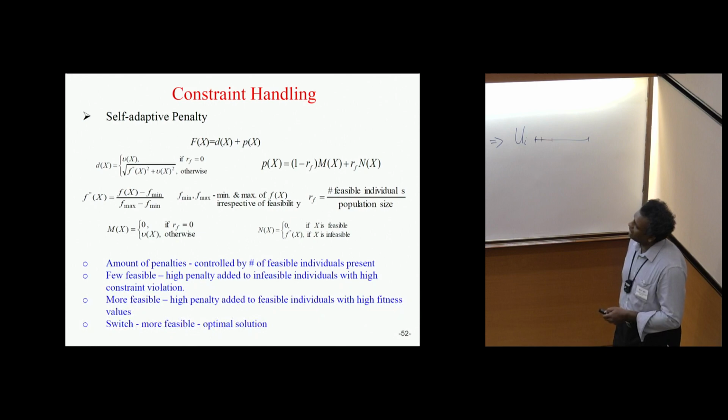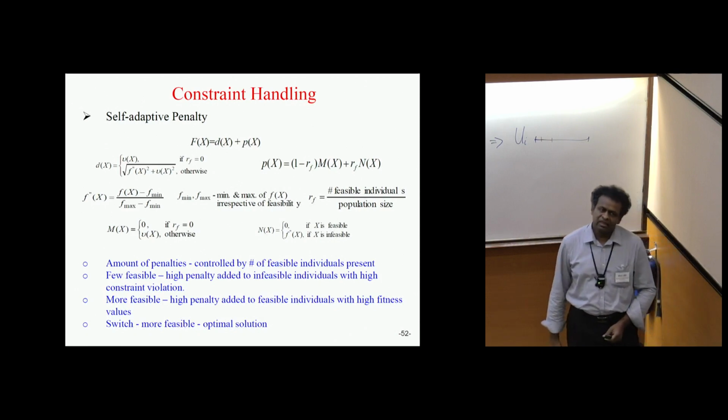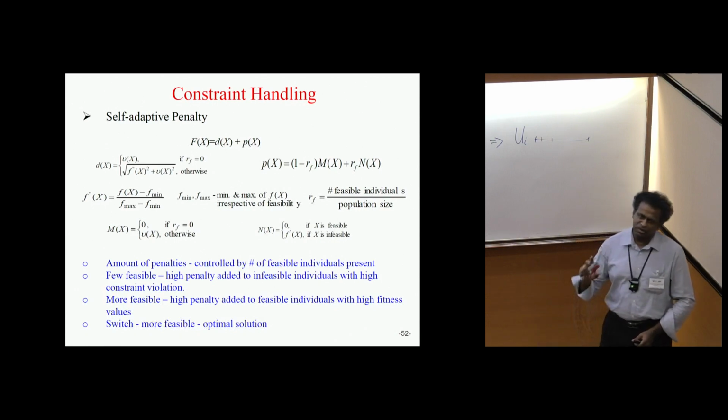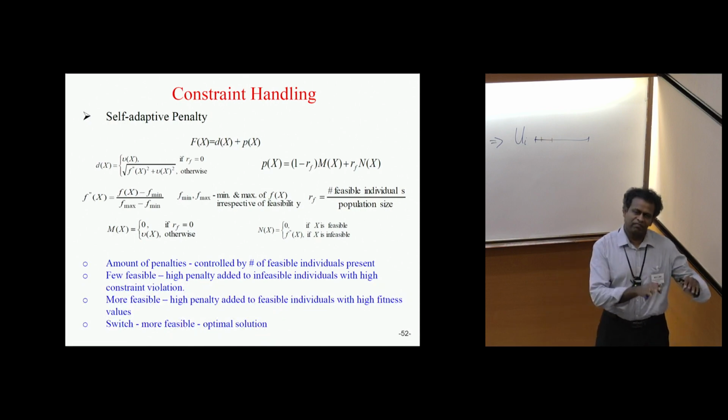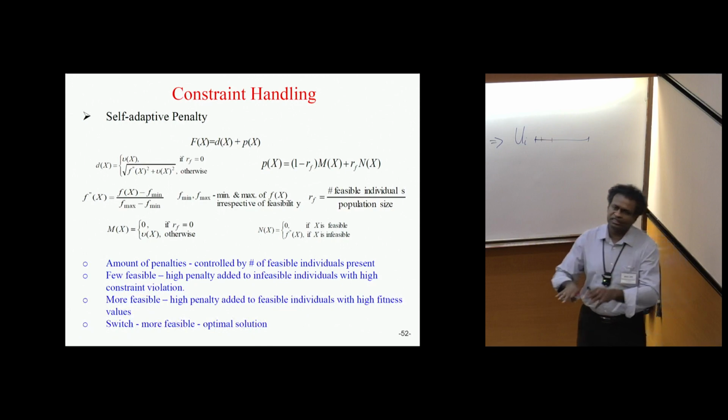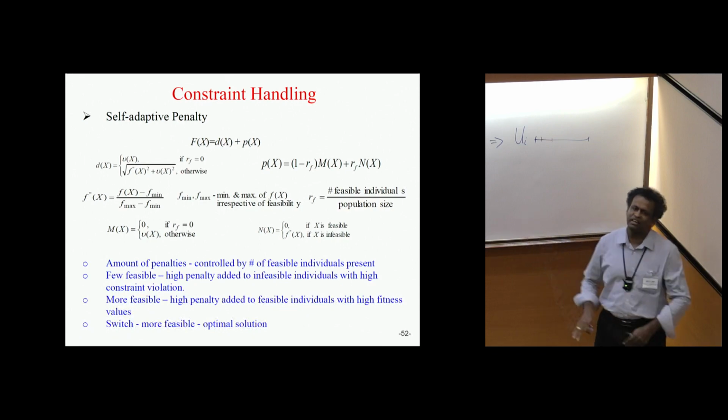When you have a large number of feasible solutions, you want to improve the fitness value. So, you pay attention to the fitness. You give low attention to constraint violation, but try to select solutions with high fitness. They may be violating the constraints.